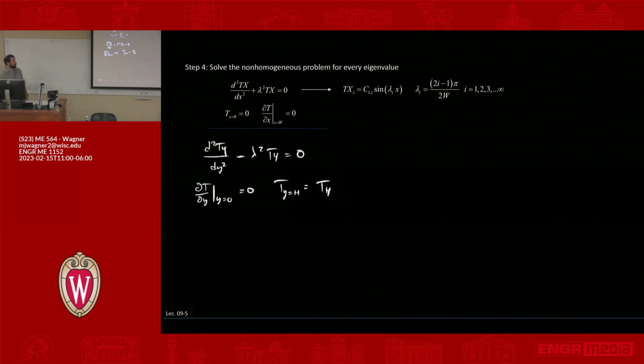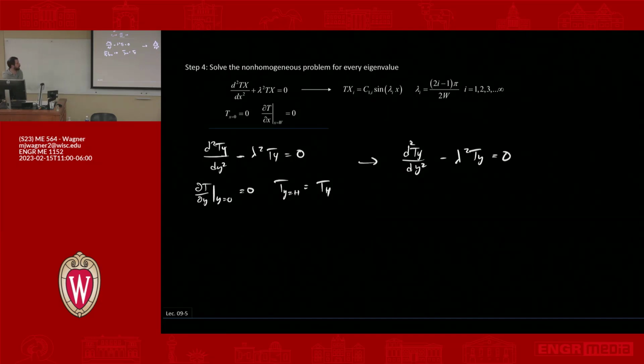So we can go through the same thing we did before, where we ask how this applies to our substitution. If we do that, we end up with d squared T over dy squared minus lambda squared T equals 0.